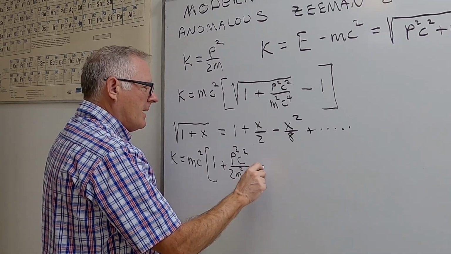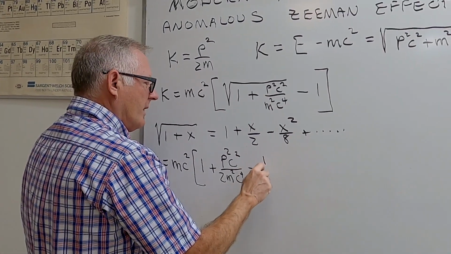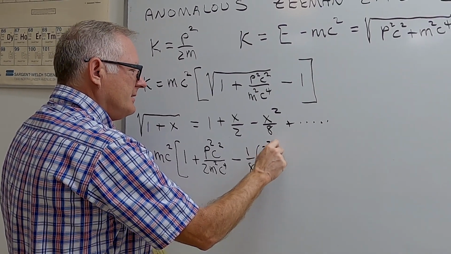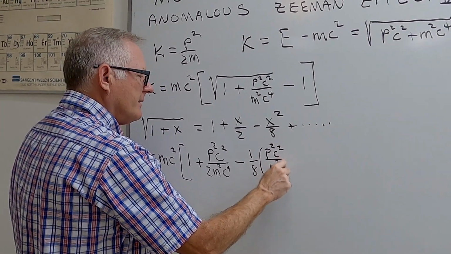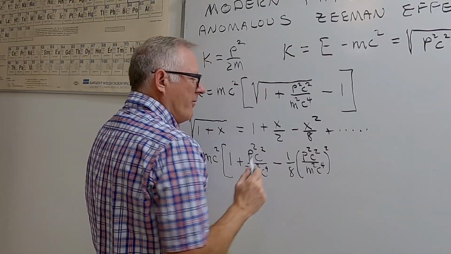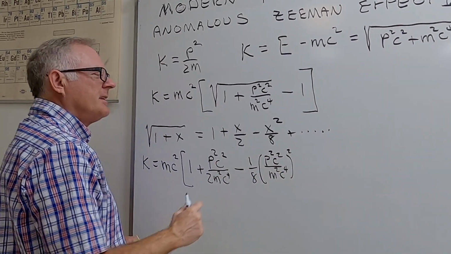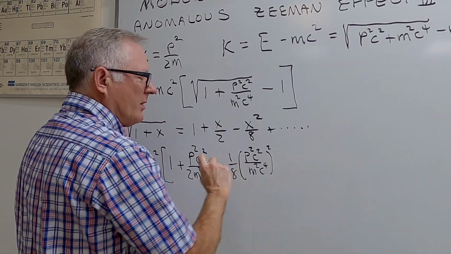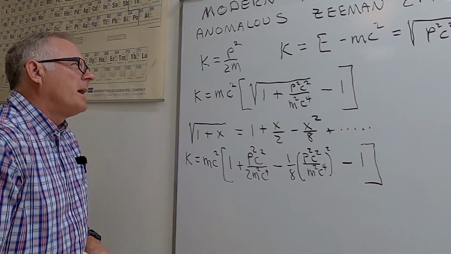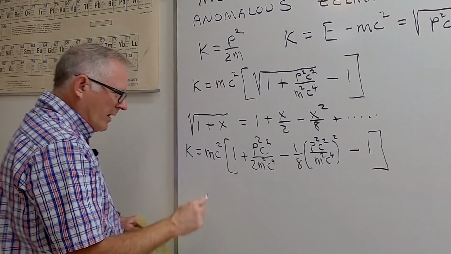Then we've got minus 1/8 of that squared, so 1/8 of all of this, p squared c squared all over m squared c to the fourth, squared. I'm only going to go that far. The next term would be this cubed, but this is getting to be a smaller and smaller effect, so I'm only going to take it that far. And then minus 1. So this would be a better approximation than just this right here. Now you'll notice the 1's dropped out.